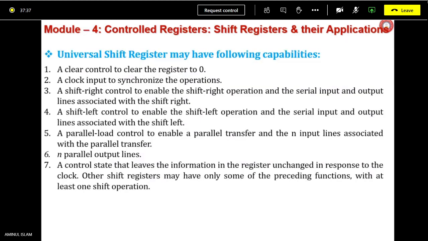Now we are going to talk about the universal register. Universal means what?